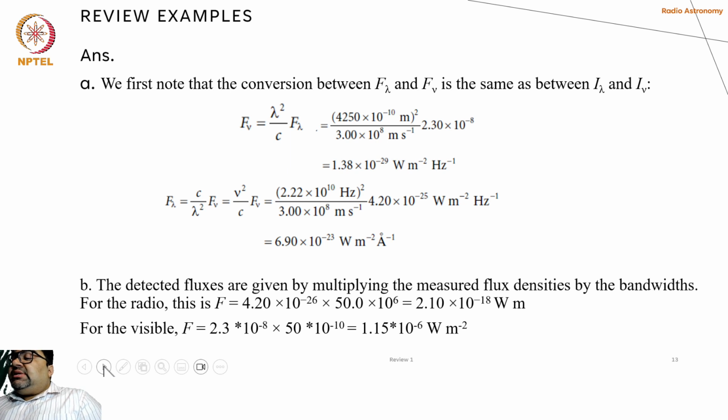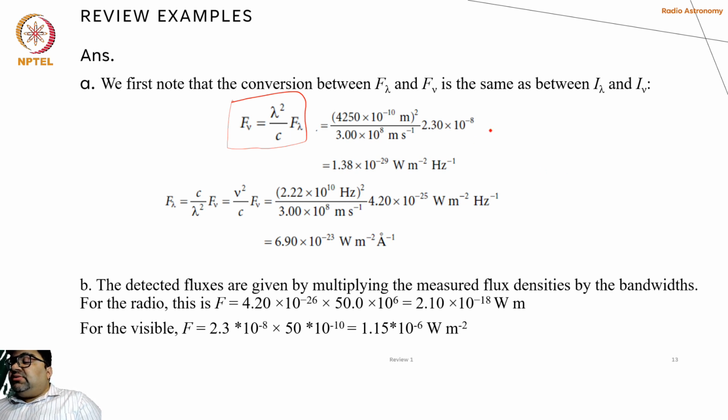We first note that the conversion between F lambda and F nu is the same as between I nu and I lambda. So F nu is lambda square over c times F lambda, and is given by this scaling.